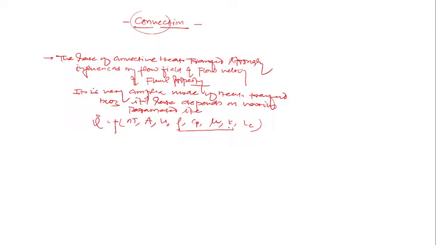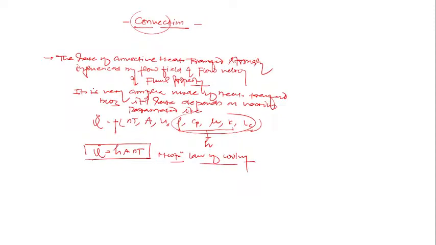What you are going to see here is that this is combinedly involved in the function of h. So Q dot equals h A delta T. It's called Newton's law of cooling, yes or no? I told you.